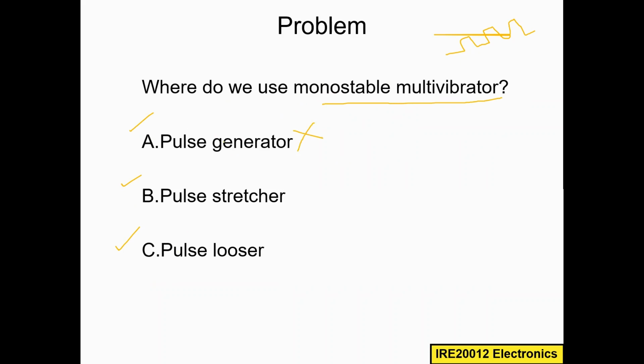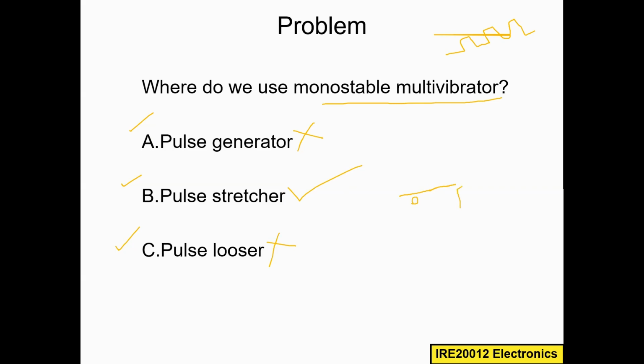We are also not using this in pulse looser, but we are using this monostable multivibrator in pulse stretcher, because we are giving some kind of delay to one output. For example, if this is in the stable state 0 and we want to delay this a little longer, then we just don't give any trigger. It just stays in logic 0.